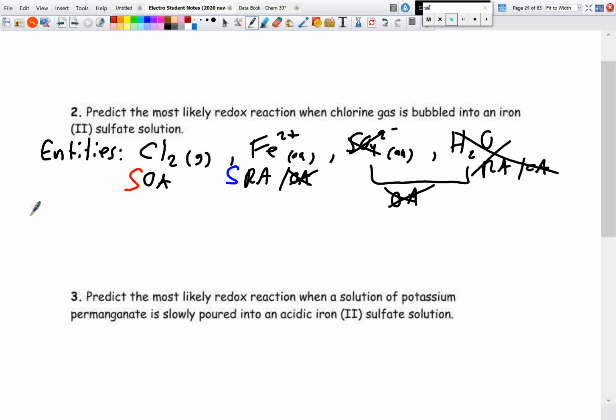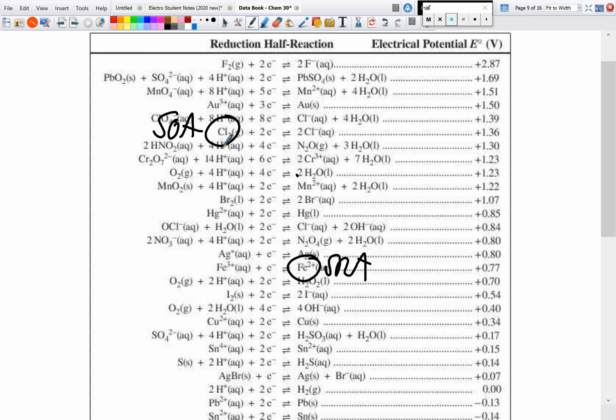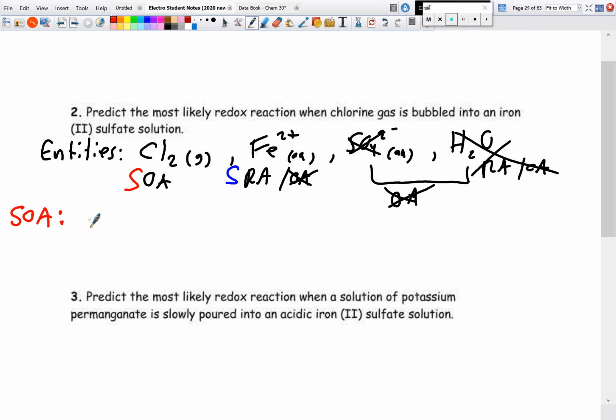So we can start writing our half reactions. For the strongest oxidizing agent half reaction, we're just going to write it exactly how it shows up in our table, reading it from left to right. So we've got Cl2 gas plus 2 electrons produces 2 Cl- aqueous.